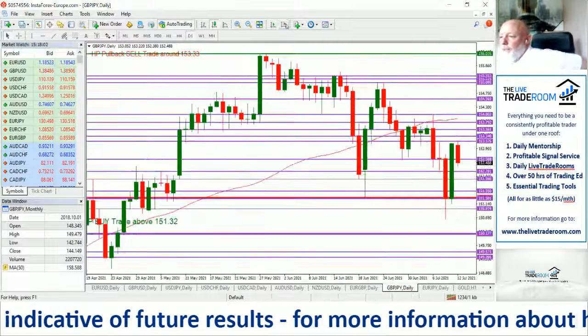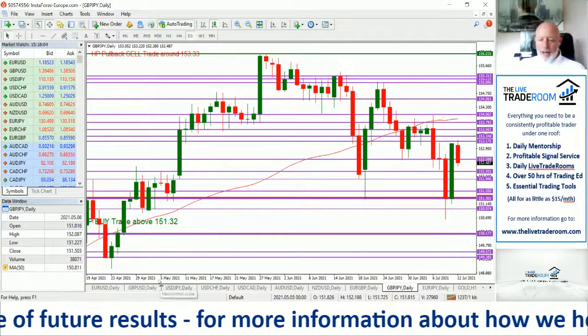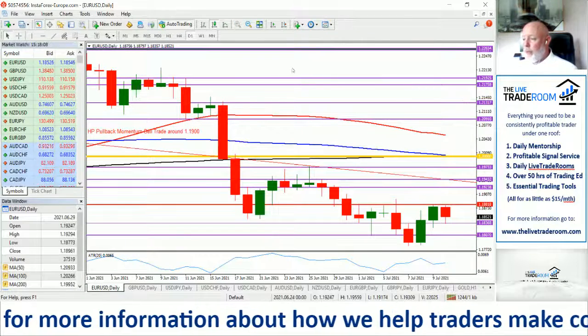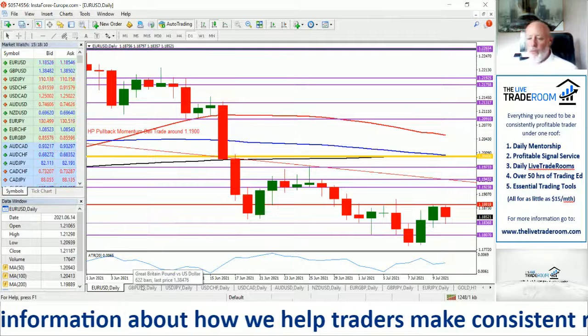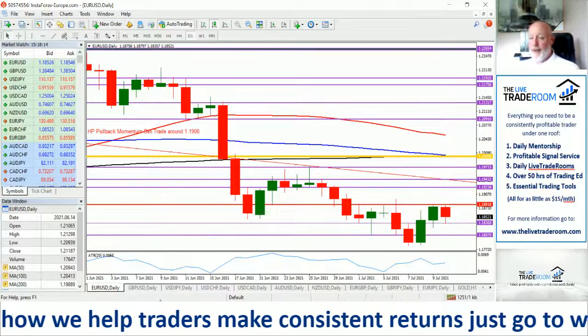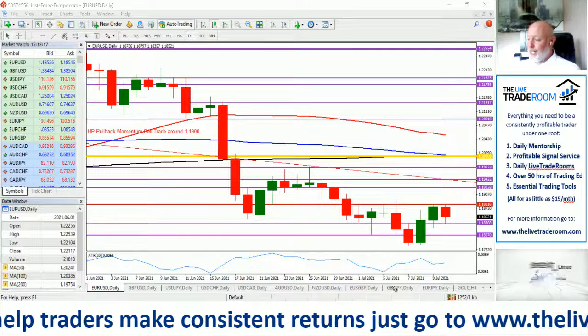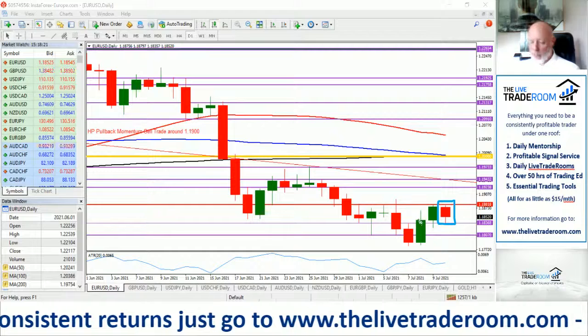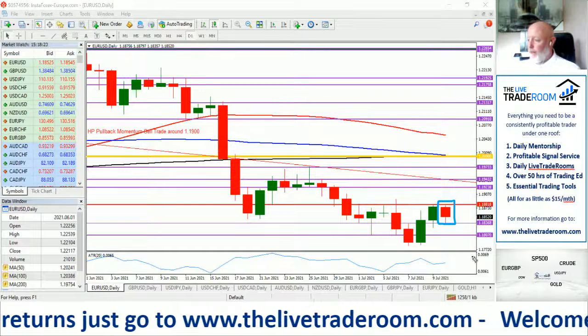Okay, so we've got these markets right now, which are all retracing. They're all tradable markets. They're not what we refer to as high probability trades just yet. And the reason why we say that is a lot can happen in today's market, i.e. we can break higher and we can reverse and break lower.